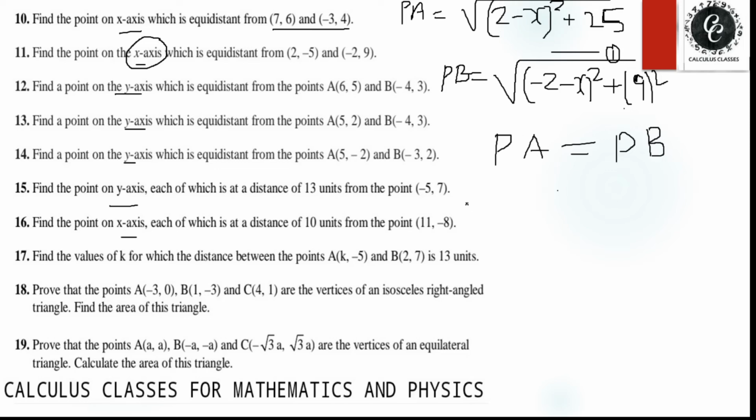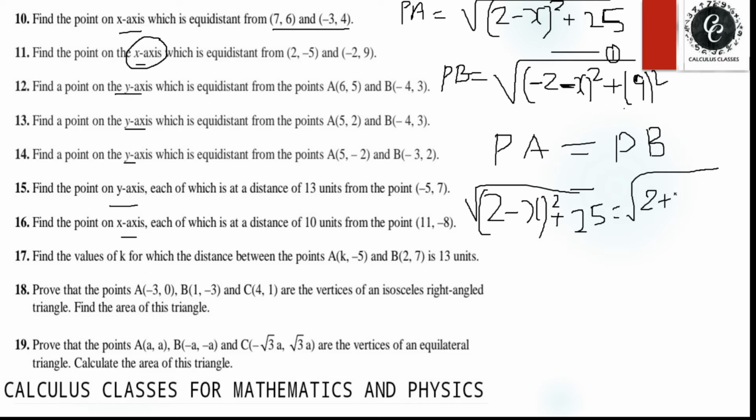So this will be the square root of (2 minus x) whole square plus 25 equals the square root of... see, both the signs here are negative. We'll take the negative sign common, and since the square is there, it will become positive. So (2 plus x) will be here. I hope you understood now. Many students make mistakes in this type of calculation, so it should be remembered by you that it will be in this manner.